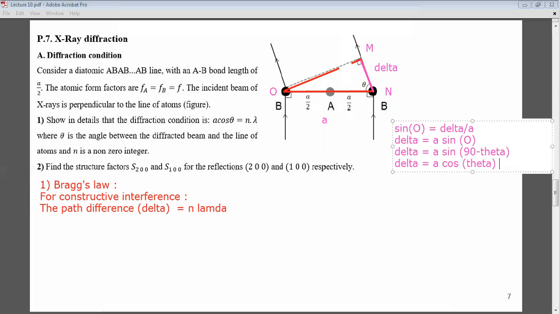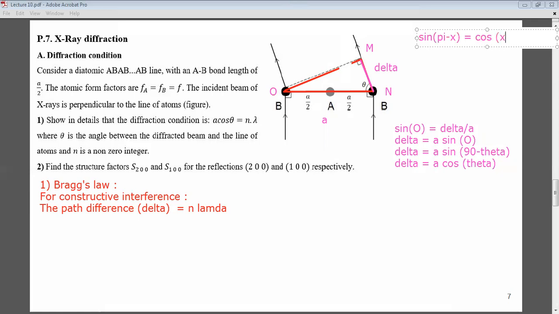Here I have used the identity cosine of pi minus x equals cosine x. So I got that delta is equal to A cosine theta. Now I put, instead of delta, A cosine of angle theta equal to n lambda. And this is what they are asking me to prove, that A cosine theta is equal to n lambda. I proved it.